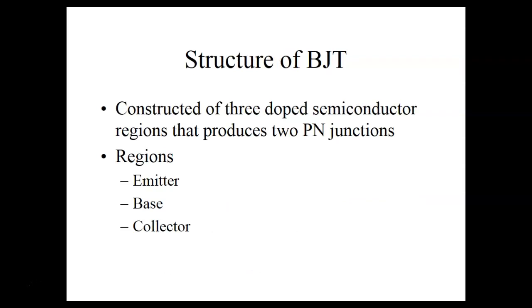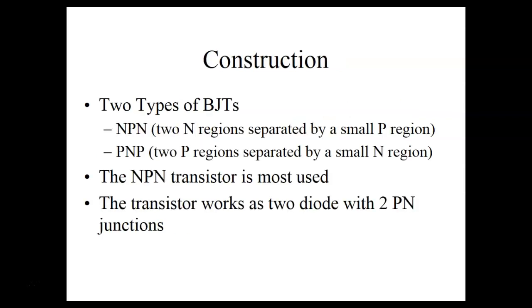The structure of a BJT is constructed of 3 doped semiconductor regions that produce 2 p-n junctions. The regions are named the emitter, the base, and the collector. So these are the names of the 3 regions, which you need to, of course, learn. We have 2 types of BJTs. We have what we call an NPN transistor.